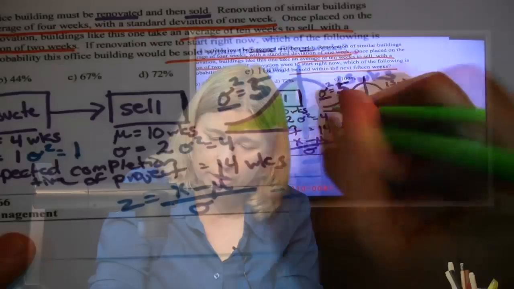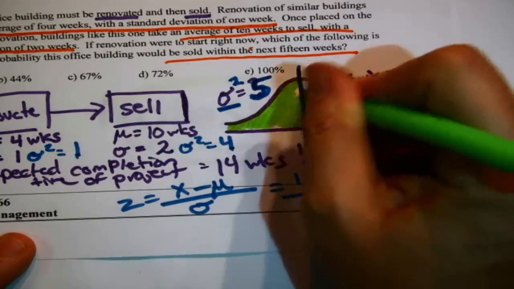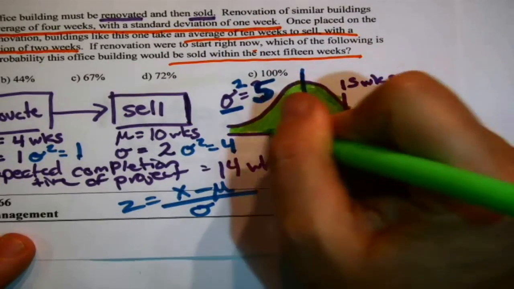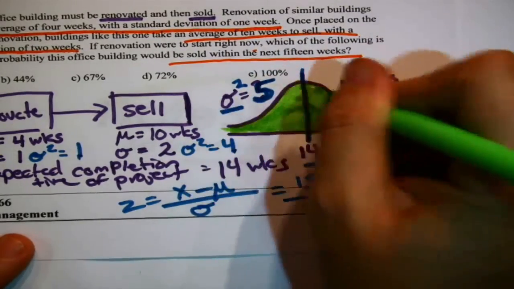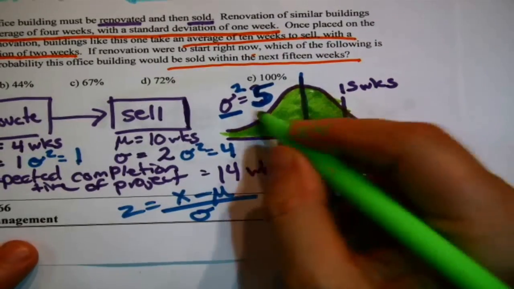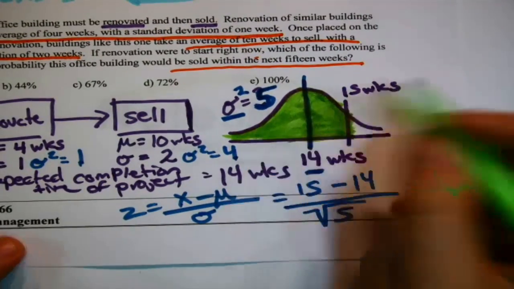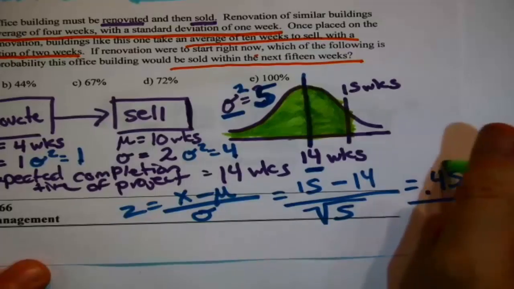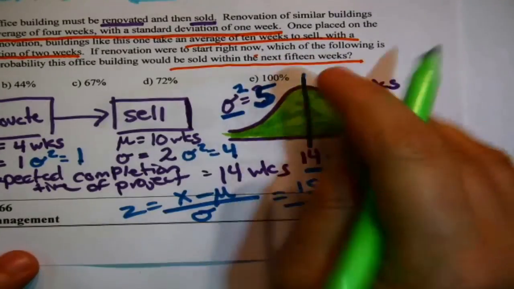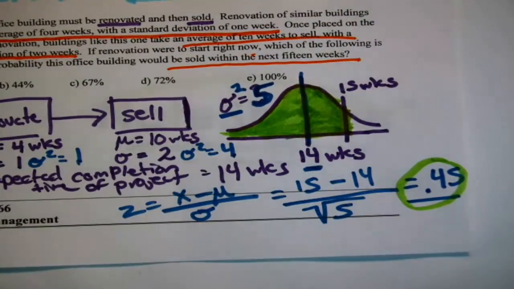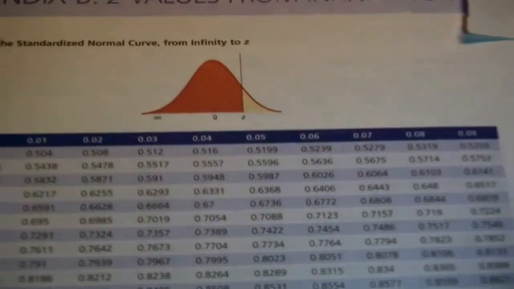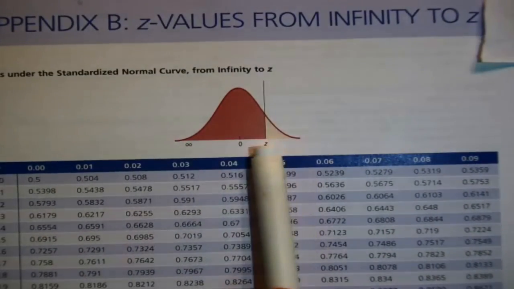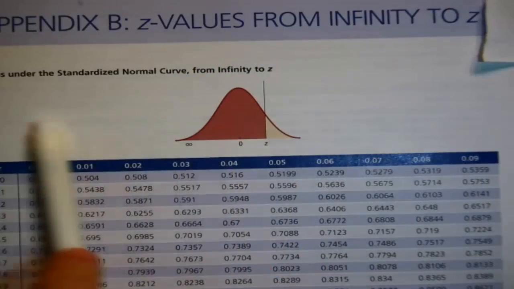The probability that the building will be sold in 15 weeks is the amount of this curve that represents everything that could possibly happen that is actually safely to the left of 15 weeks, meaning that amount of time or less. In computing this particular z-score, I took this very custom normal distribution and I translated it to a standard normal distribution.